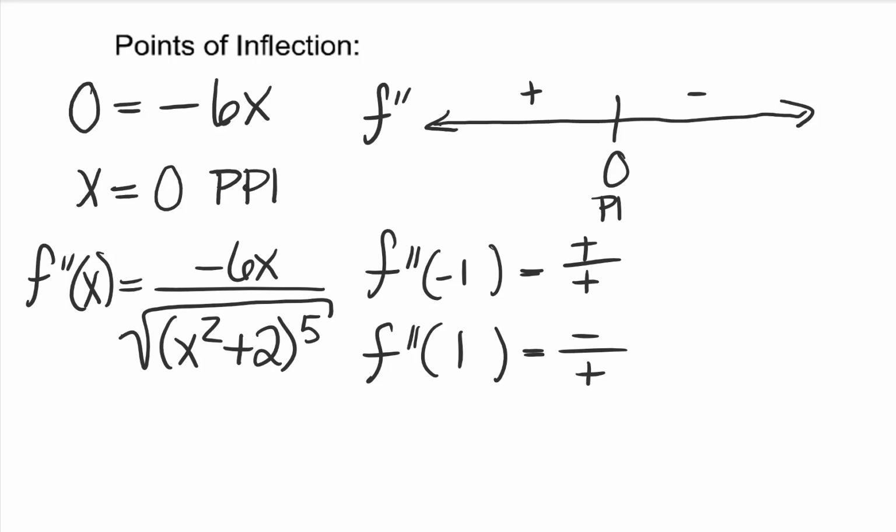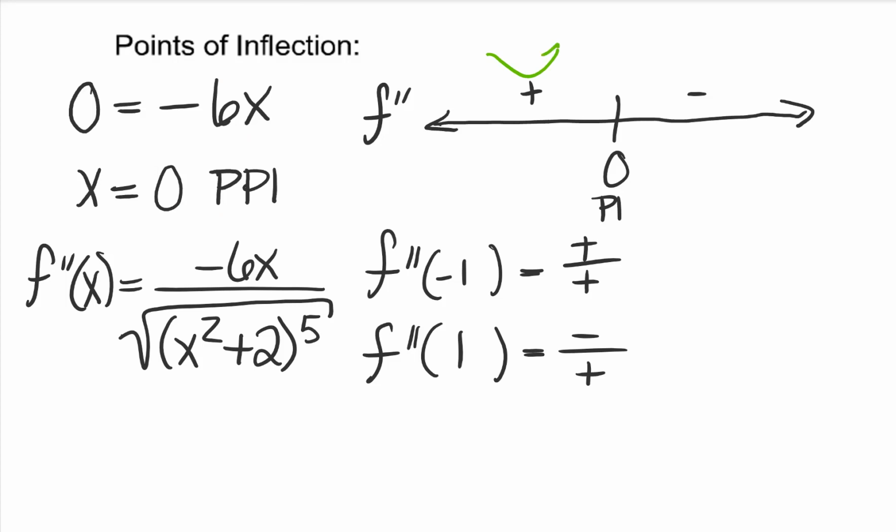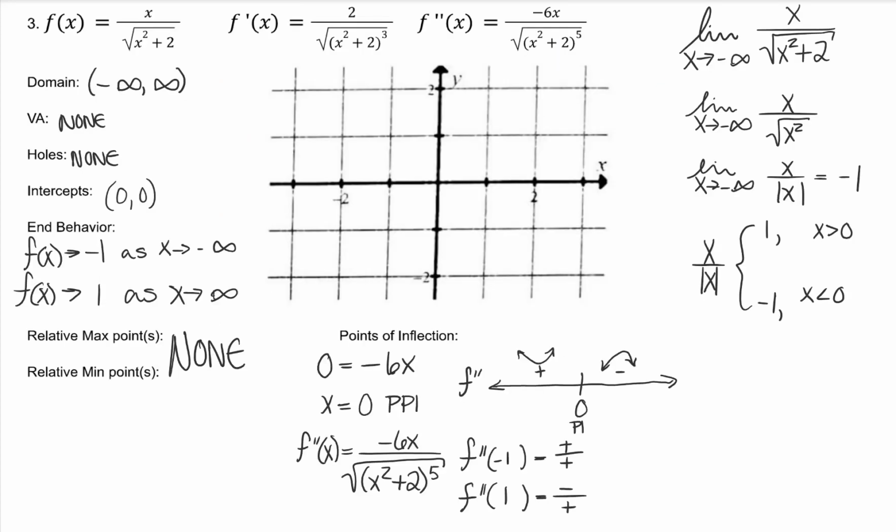Our concavity is changing from concave up to concave down. And the point where this inflection occurs is (0, 0), our intercept. This gives me 1 point on the graph. And then our end behavior on this side is positive 1 and on this side is negative 1.